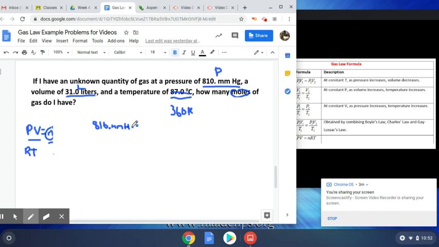It's like an old school way that they used to tell pressure before they realized mercury was very dangerous. 31.0 liters is our volume here. And then we will divide by both R and T.